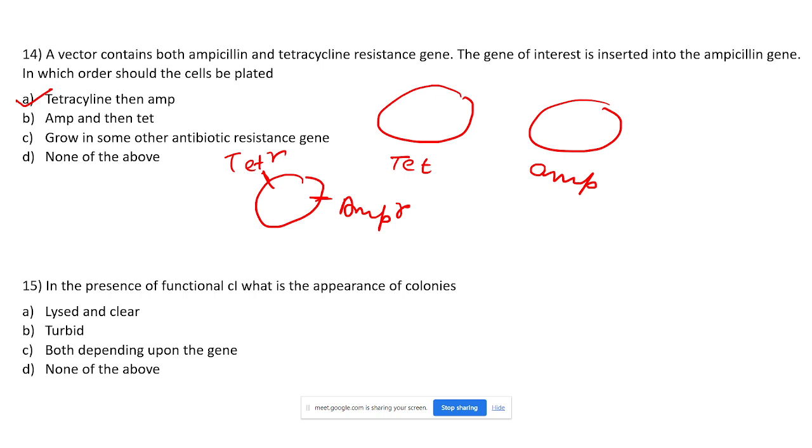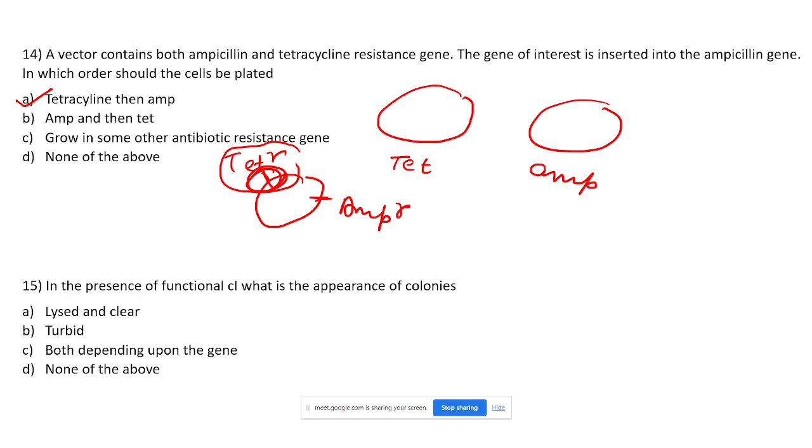So suppose I am plating my cells on the tetracycline plate, and suppose my gene of interest is inserted here. This is a gene which is providing resistance to tetracycline. That means if I take the vector as it is and plate it here, the vector will be able to grow because this vector is resistant to tetracycline.